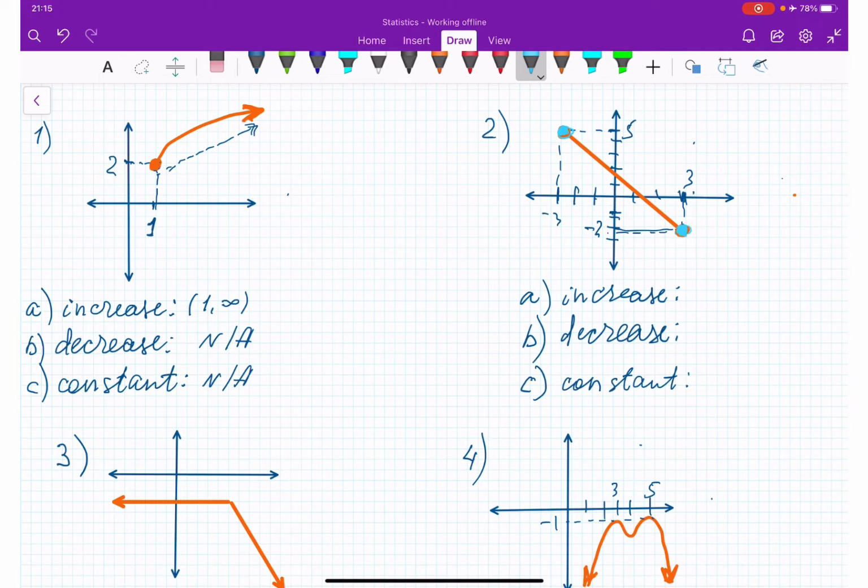Remember I said we identify the interval, be it increase, be it decrease, be it constant. The interval we identify based on the starting point of x and the ending point of x. So the starting point of x for decreasing is going to be -3, yes?